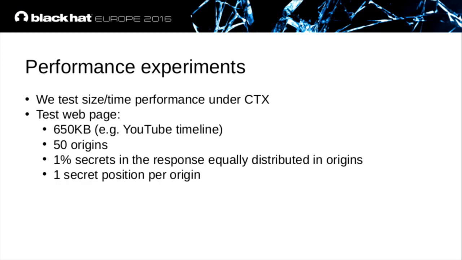And we assume that 1% of this web page is actually a secret. So we distribute this 1% to the 50 origins equally. Now, 1% might seem a little low or might seem a little high. It is actually higher than real-world systems use, because we found that, for example, a Facebook front page has like 0.5% secrets, and all the other stuff in there are JS libraries or CSS libraries or static HTML code, which is not a secret actually.